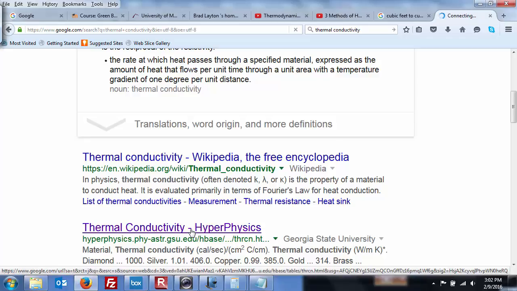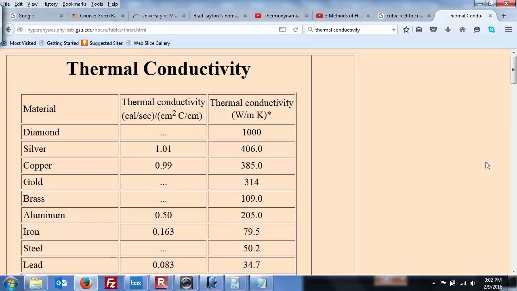Okay. So let's take a look at thermal conductivity, and I know there's some problems like this in the Dorsey and Krieger book. We already know what watts are, and right here is going to be your bread and butter for thermal efficiency in your house.